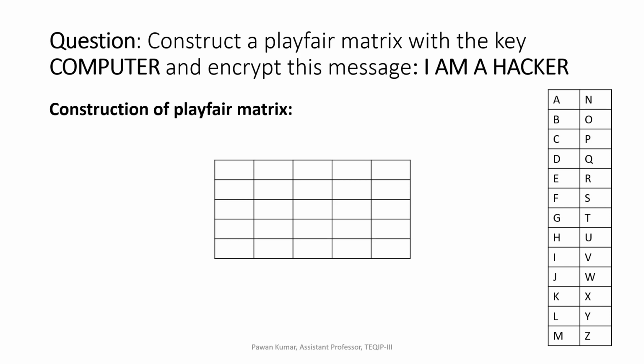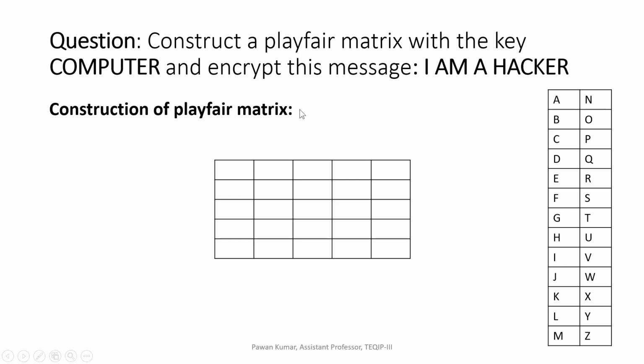To construct a Playfair matrix, first of all we need a 5 cross 5 matrix. That means 25 cells are there, and the matrix given here is empty right now. 25 blocks are here, and I have taken the alphabets A to Z for rough work only, so that there is no error or mistake in the numerical.